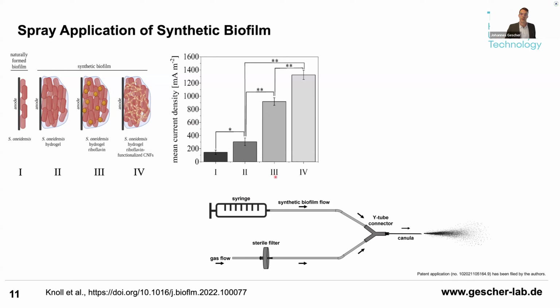If we use these functionalized hydrogels as the basis for a spray coating of surfaces with biofilms, we see that compared to the natural system, we get an increase of roughly tenfold in current density.